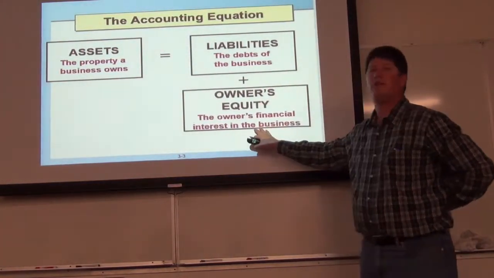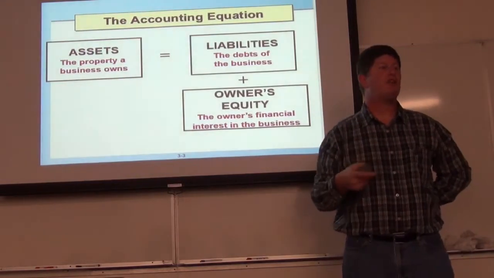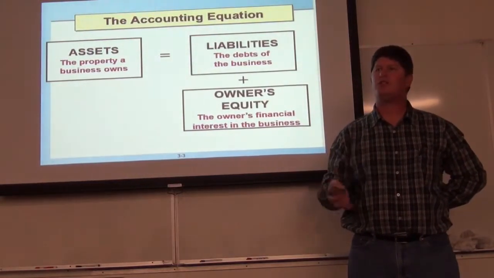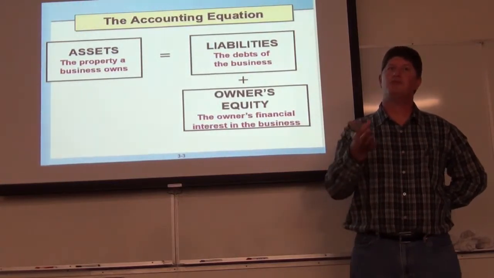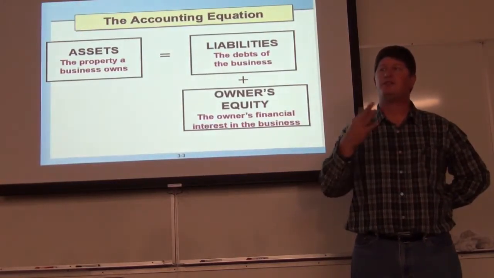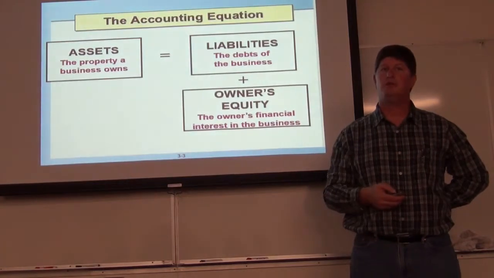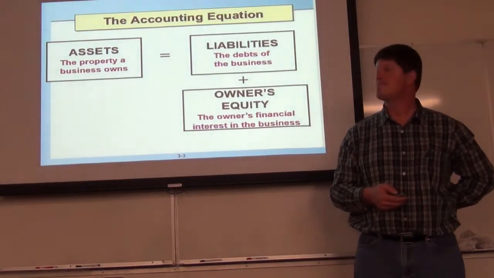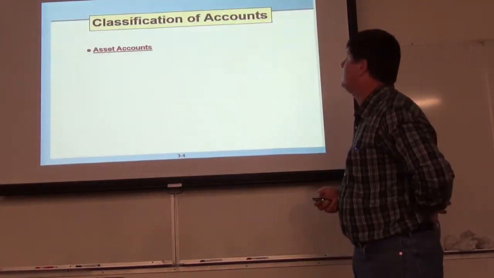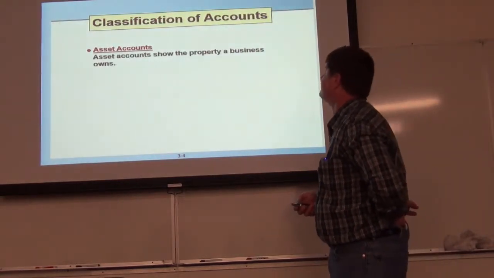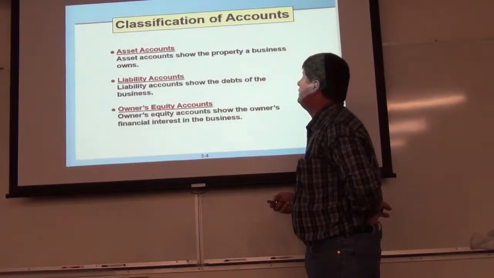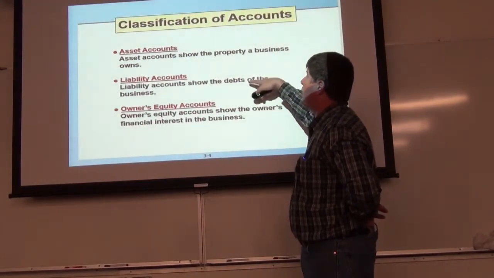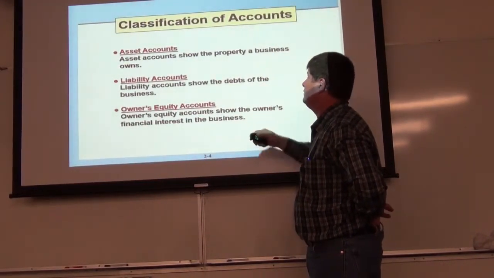Owner's equity is that calculated interest, owner's interest in the company. How much money they've invested plus cumulative earnings minus whatever money they've taken out. Okay? Let's see, we've just talked about this. Assets, property, debts, owner's interest.